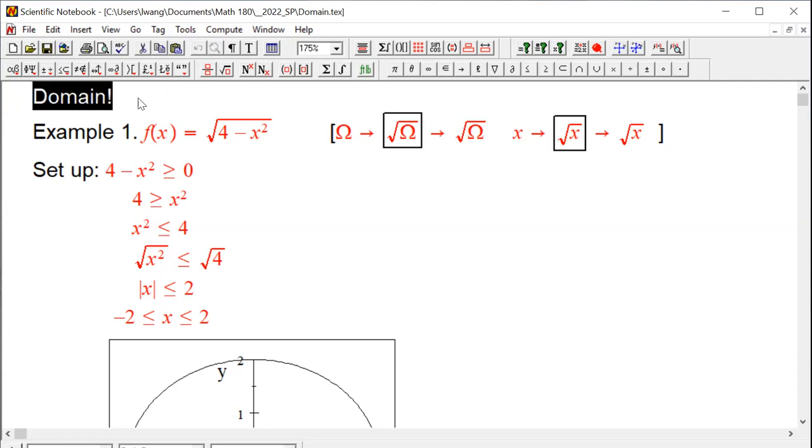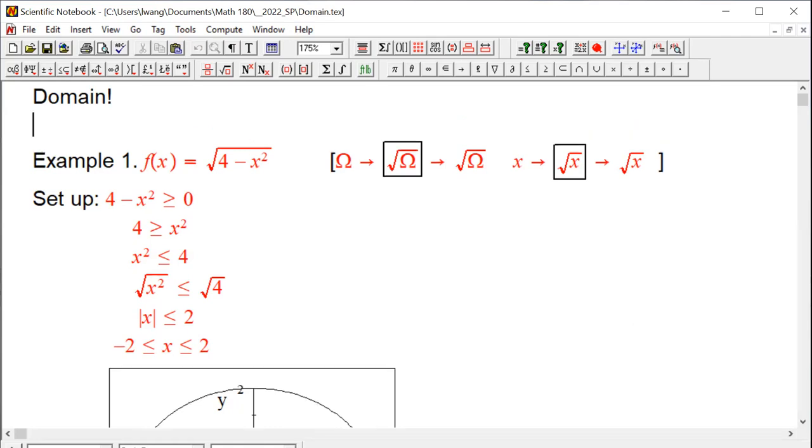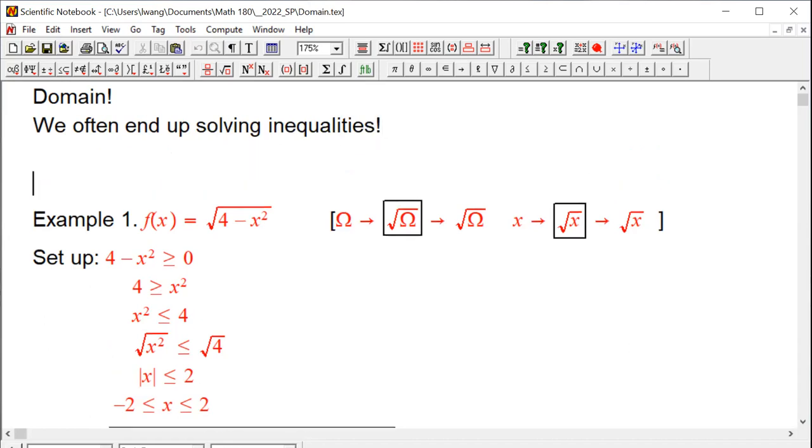We're trying to find domain. And we often end up solving inequalities. That's what happened, right? We tried to find domain and we ended up solving inequalities.